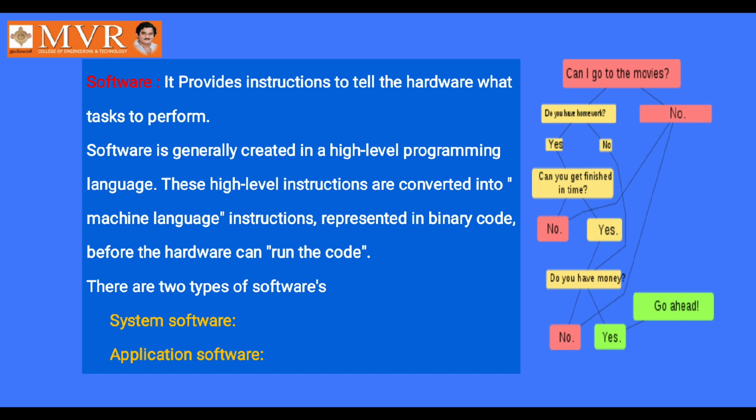It includes word processing, web browsing, and almost any other task for which you might install software. See, like your C programming, your Java, your MS Office. These are all called application software, which are used to perform certain types of applications. And remember, in some systems, these application softwares are also pre-installed.